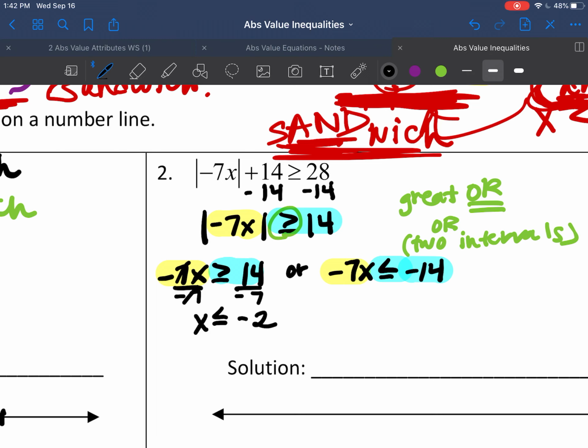And so x is less than or equal to negative 2 now. We have to flip it because we divided by this negative. Over here, we divide by the negative 7. This inequality also flips. Negative 14 divided by negative 7 is positive 2.